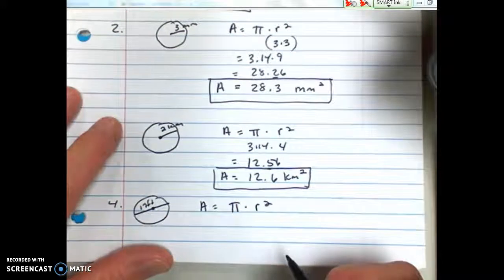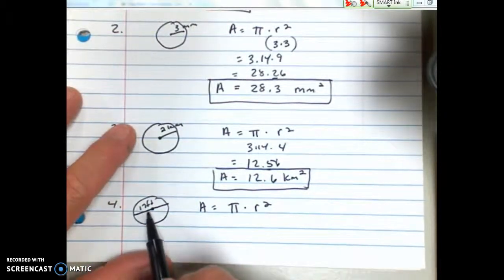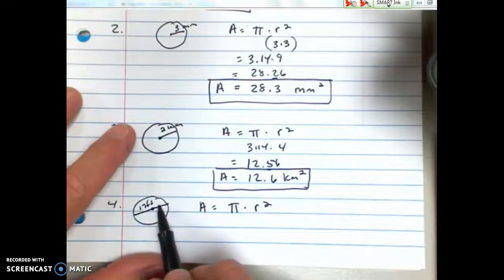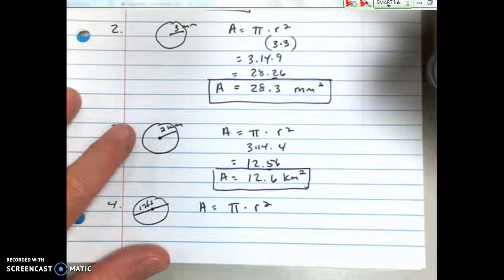Just practice that as much as possible. And radius squared, we want to know if the diameter is equal to 17 feet, that means the radius has to be half of that. So you want to know what is half of 17. So 17 divided by 2 is what?